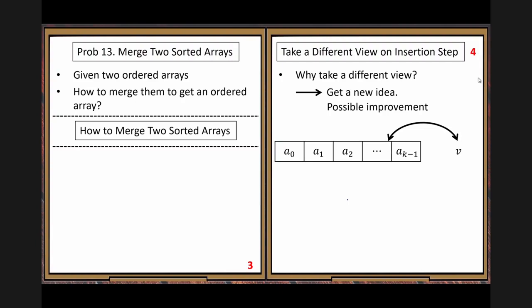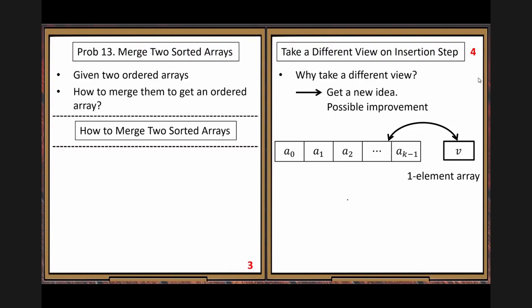But if you look at the similarity, part of it is the same. Can we imagine that single key element, can we treat it as a one element array, also ordered? Because a one element array is ordered. But this time you have two subarrays, both ordered.